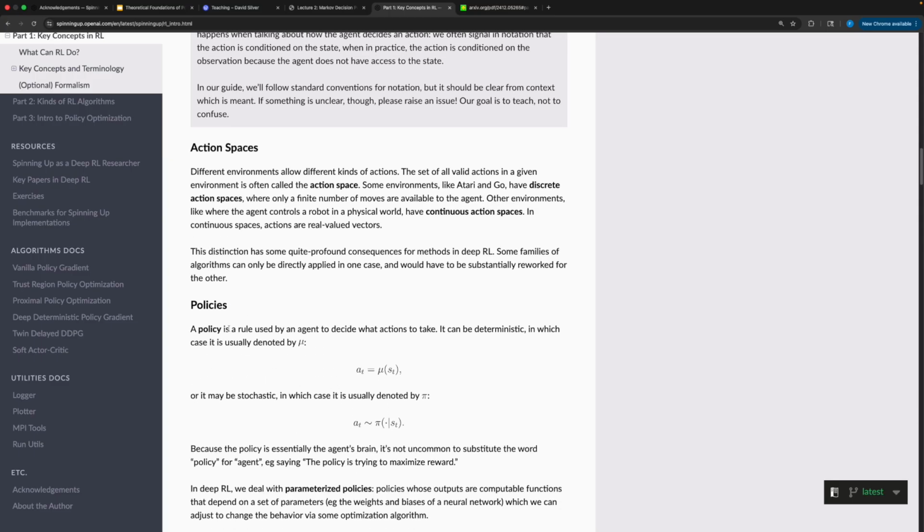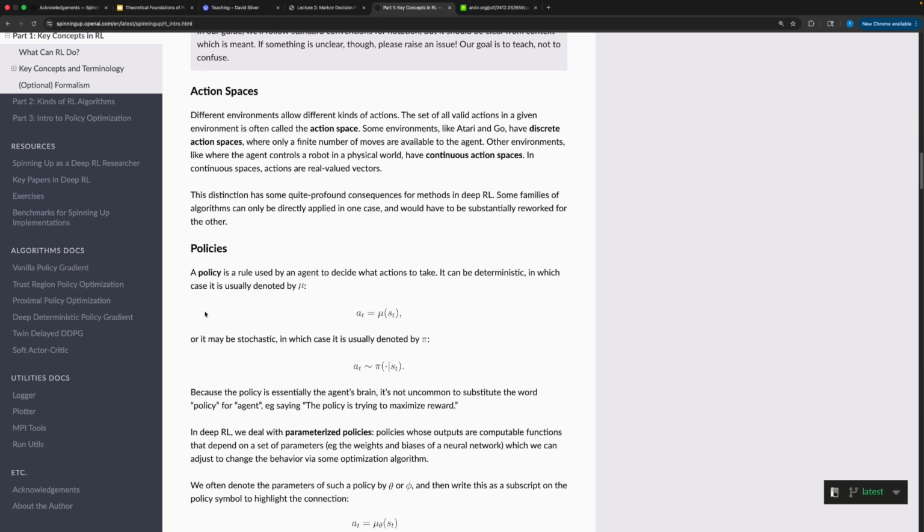The goal of the agent is to learn a policy, and by policy it means that if an agent is at a particular state, how does it pick its action? Sometimes agents may have deterministic policies, that is, at any state, it only picks one action.